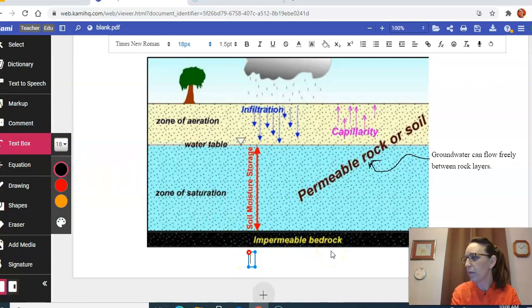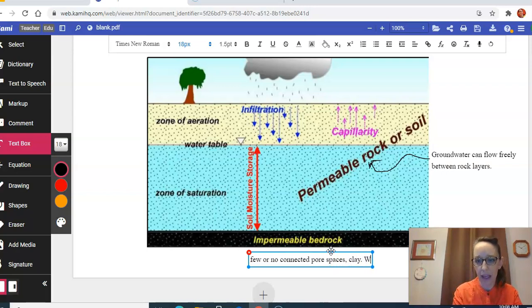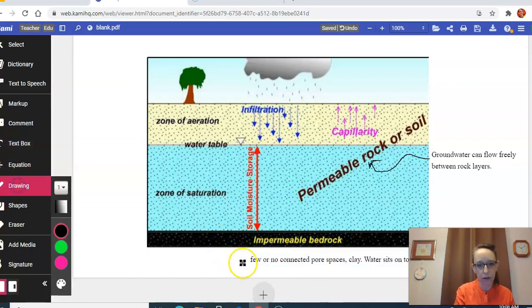And so impermeable is going to be few or no connected pore spaces, which is clay, and the water sits on top, okay? That's what that means. And then, of course, I'll draw my marking to make sure that I know that that's connected.